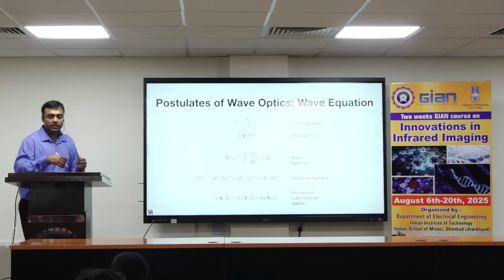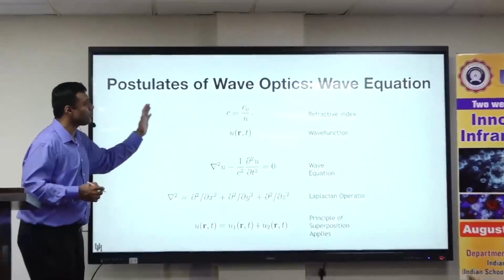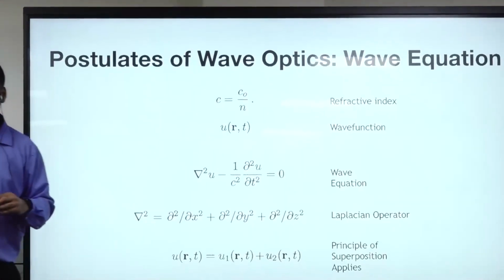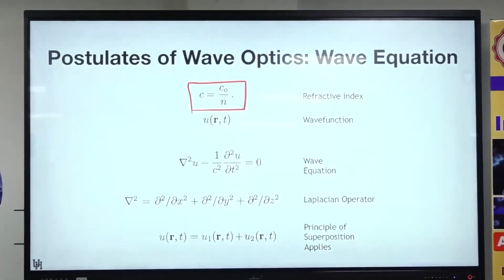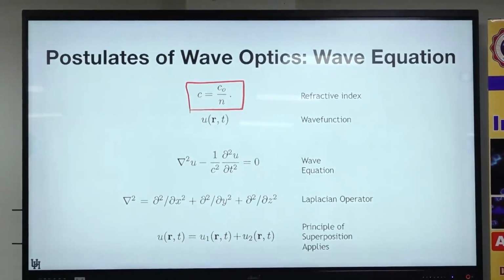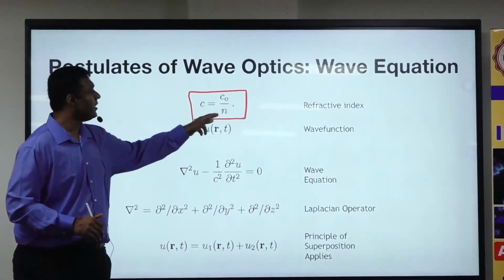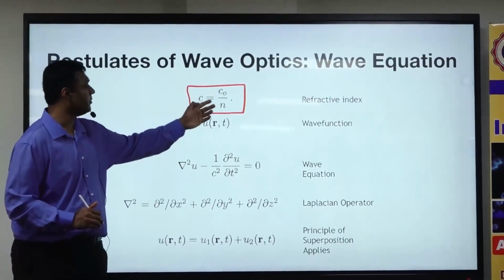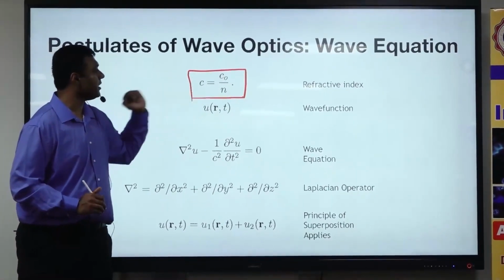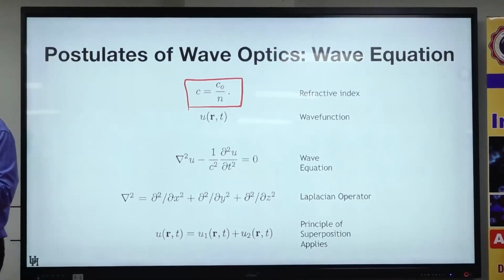Just like with the postulates of ray optics we discussed last time, we also have the postulates of wave optics. Again, some of them are similar to those of ray optics. There is something called a refractive index. It determines the speed of light in that particular medium. Basically, the speed of light in the medium is the speed of light in free space divided by n, where n is the refractive index.